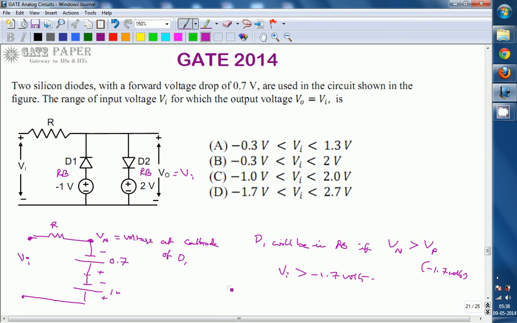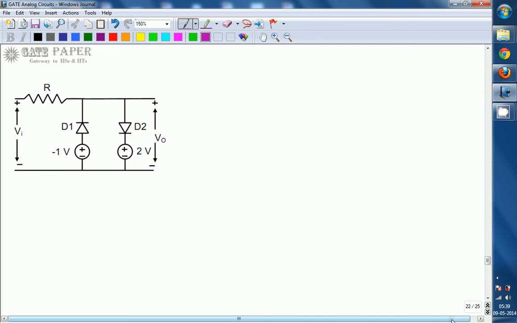So this is what we have found. From this we can tell the answer is D. But we will check this condition also, whether Vi is going to be lesser than 2.7 or not. For that we go to the second diode.